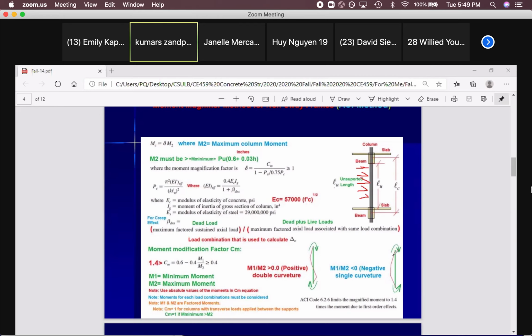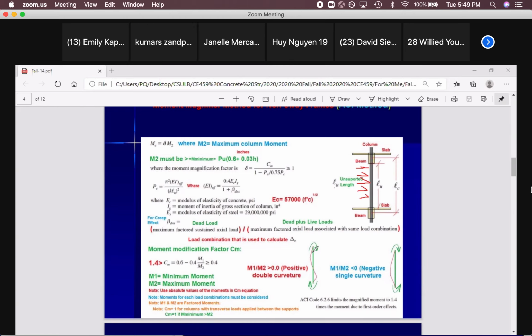The column on top will go this way, at the bottom the opposite direction. So your column will deflect like this. These are not bending moment diagrams. These are deflections of the column under the top and bottom column moments.